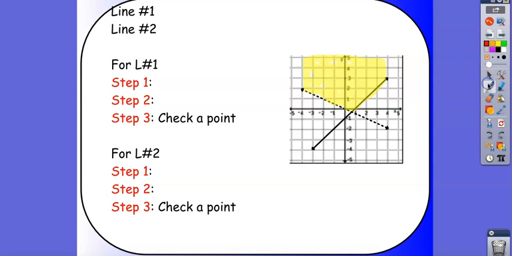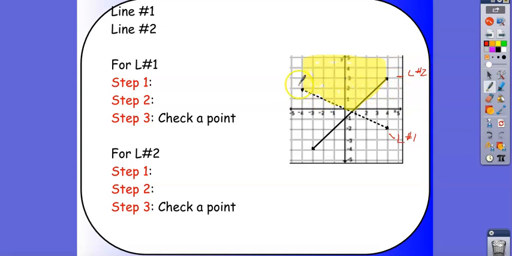So let me get my pen. Let's look at this one right here. That one will be line number 1. Let me get my other pen out. Okay, line number 1. And we're going to say this one is line number 2.